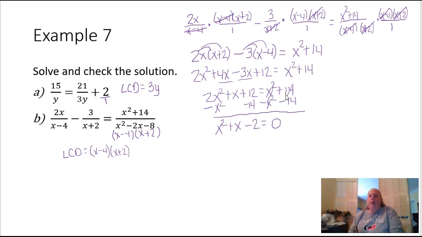So I have a quadratic equation here, and I have 4 different ways that I can solve it. And the fastest way is going to be to factor this. So if it's factorable, we should probably do that. So let's see. If there's anything we can multiply to get negative 2, that will also add together and give me positive 1.